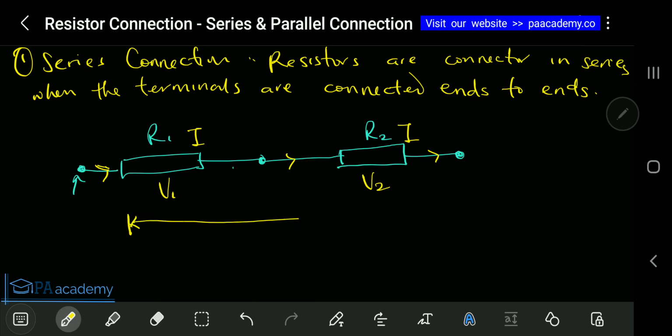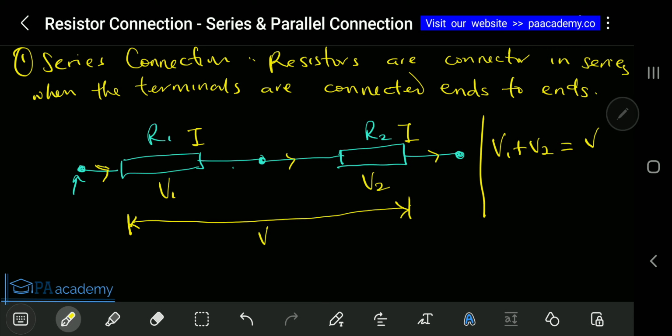Are we good? So again, a summary of what we have on screen is that this is our R1 and R2, the first resistor and the second resistor. And like I said, if you have resistors connected in series, the same current flows through each of those resistors.